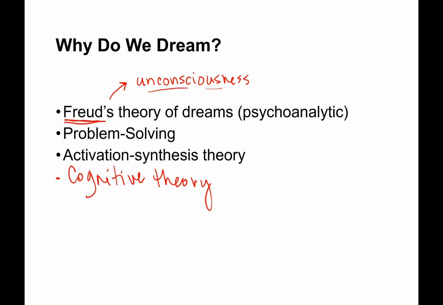The cognitive theory is dreams as thinking, right? So dreaming is the same kind of activity that we engage in when we're actually awake, right? Remember, the brainwave activity in REM is the same as if we were awake, right? Those beta waves, right? And the difference is that the cerebral cortex is cut off from all external stimulation, right?